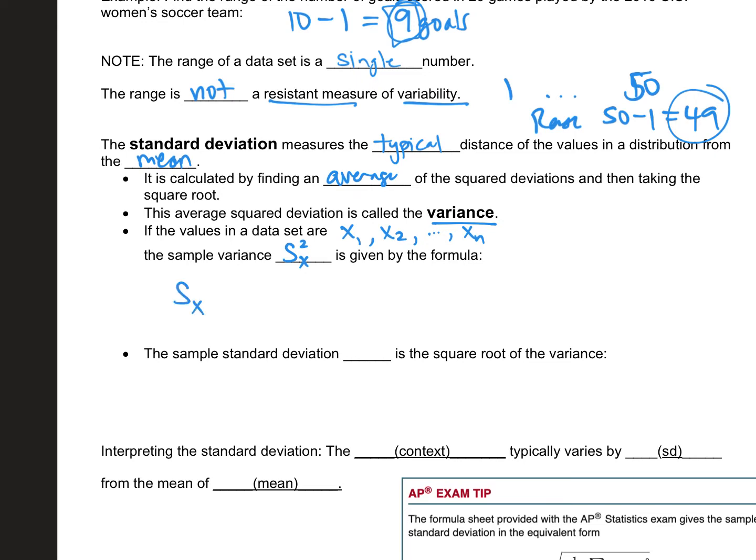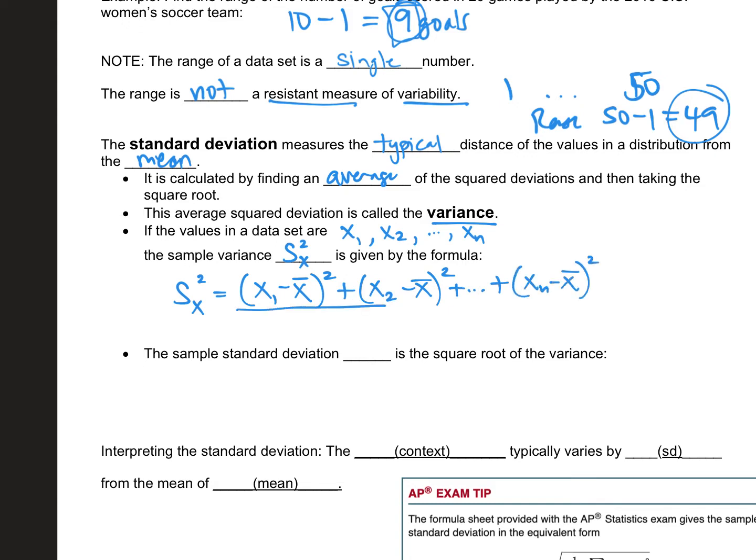Here's the sample variance. S sub x squared is equal to, what you do is you take each data value, you subtract the mean of all the data values, and you square that number. You're going to do that for each of them, x2 all the way to xn.